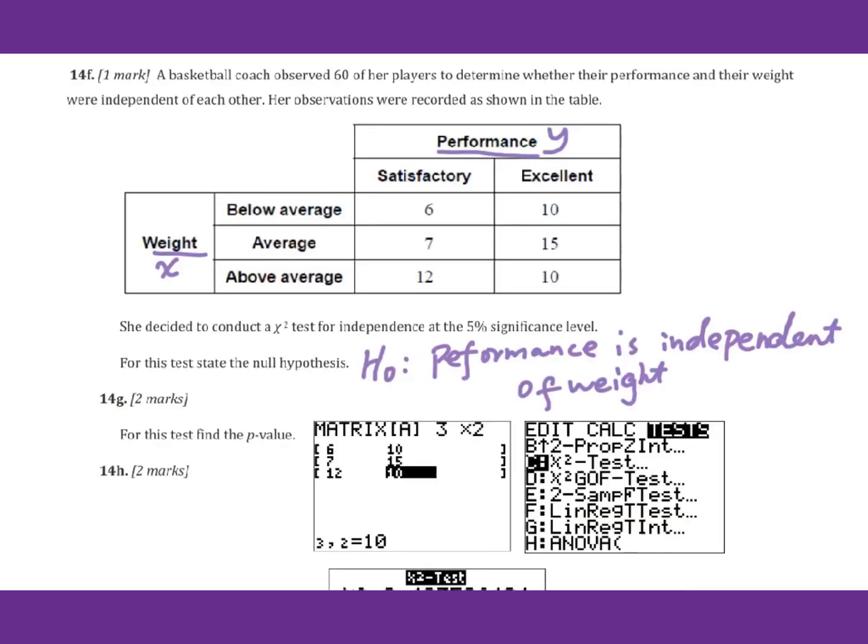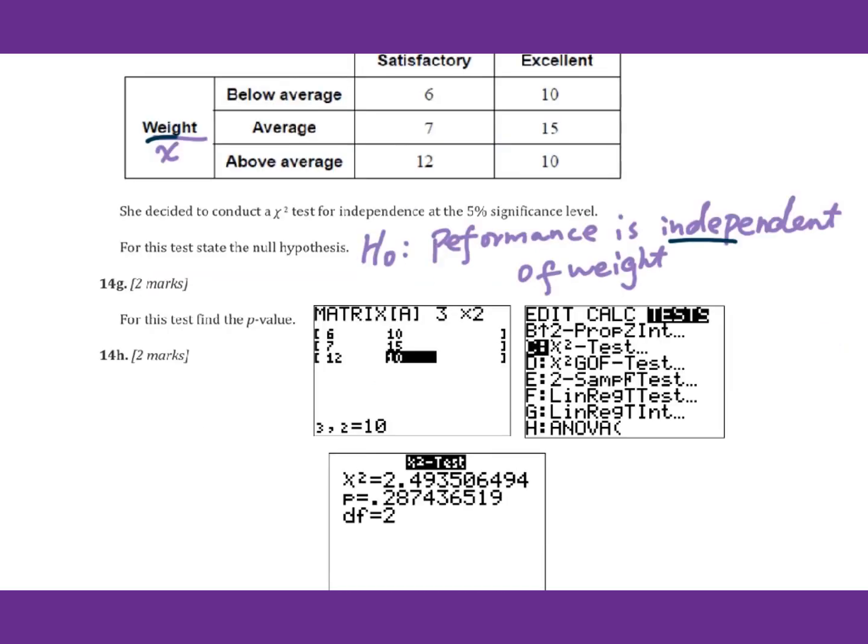68.8. 14F. This table shows performance versus weight. So performance, we can do y, weight as x. Your null hypothesis is performance is independent of weight. For 14G, you want to get the p-value.